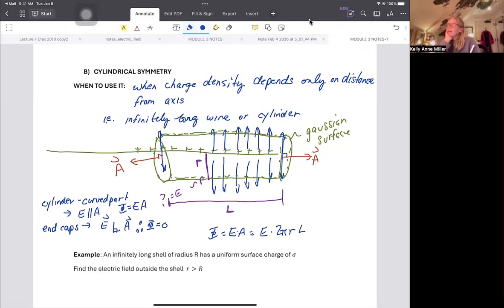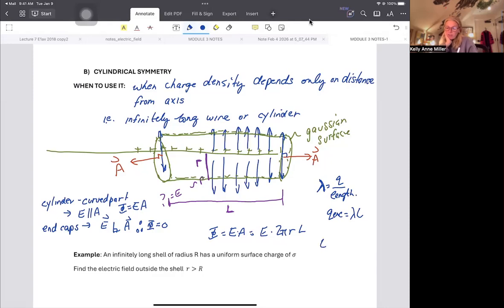We would probably be told in the problem what lambda is for the wire. Remember from last week, lambda is the amount of charge per unit length, so the problem would have to define lambda. Then the Q enclosed is just equal to lambda times L, which is how much charge is enclosed in my cylinder.